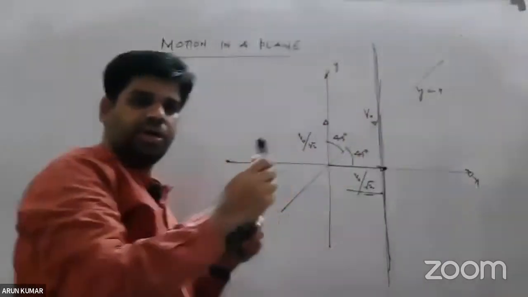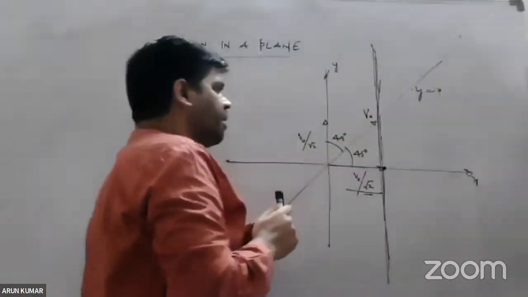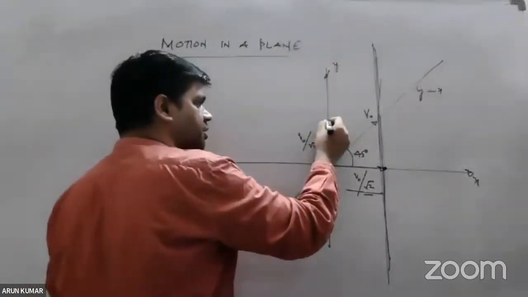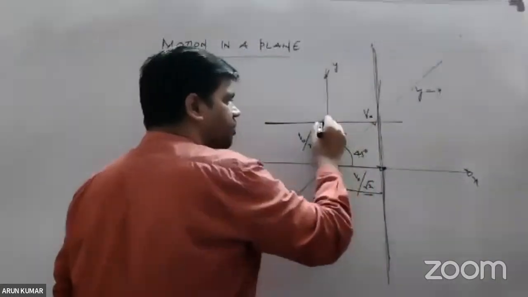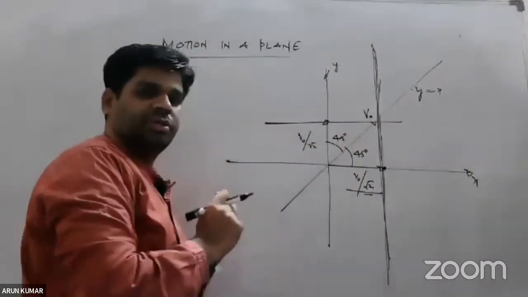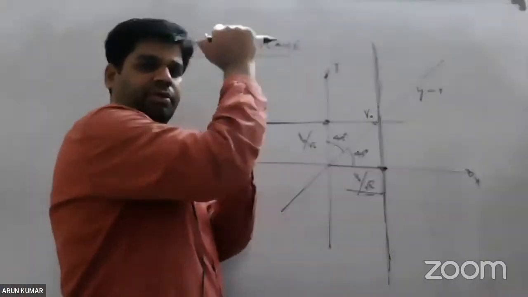And along the vertical axis, he's holding a horizontal rod and moving with constant velocity v naught by root 2 upward.